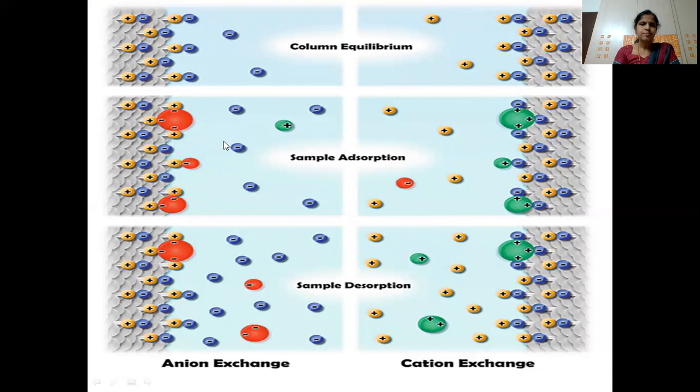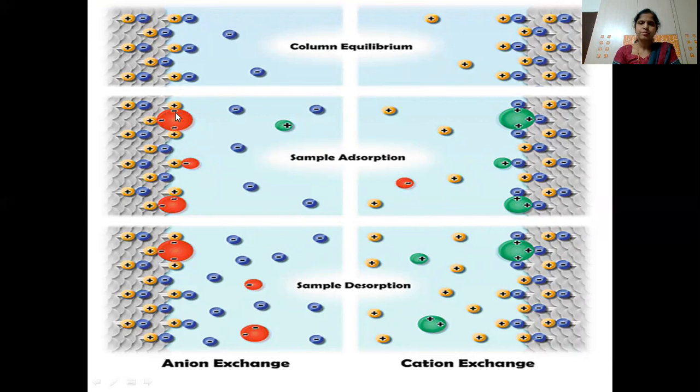Now in the next diagram, you can see the sample has positive ions, and the red colored ones are the negative ions. So as the sample has positive and negative ions, as I said, the negative counter ions which are present, that is the blue colored ones, will get exchanged with the anions which are present in the sample. What are the anions present in the sample?